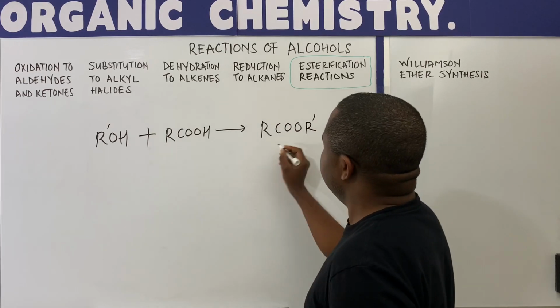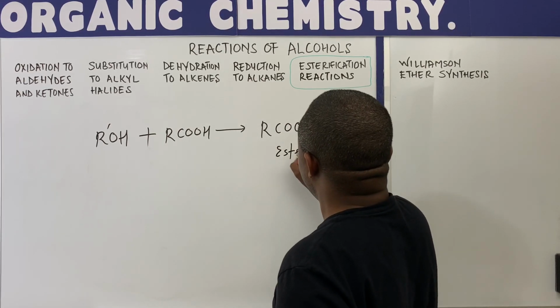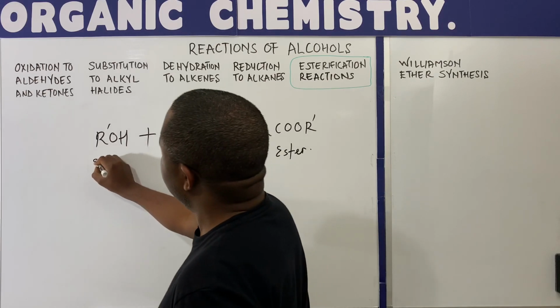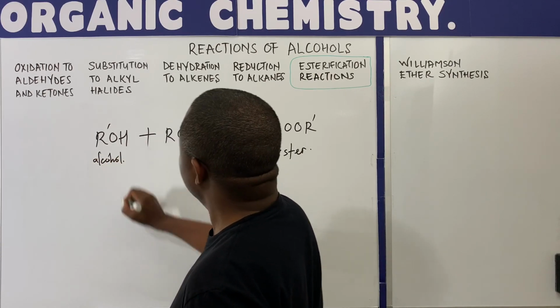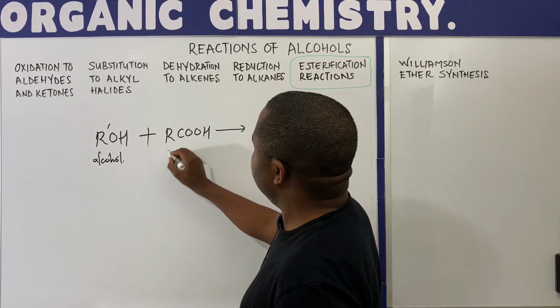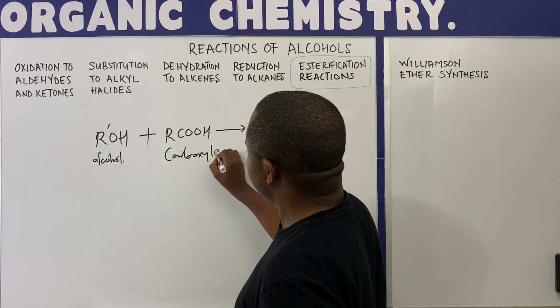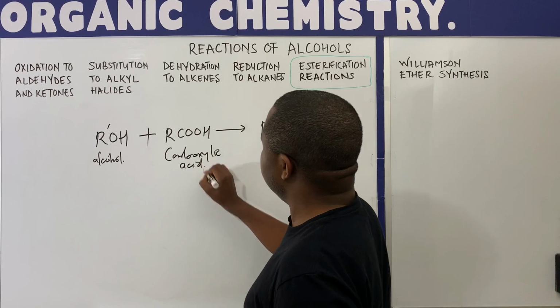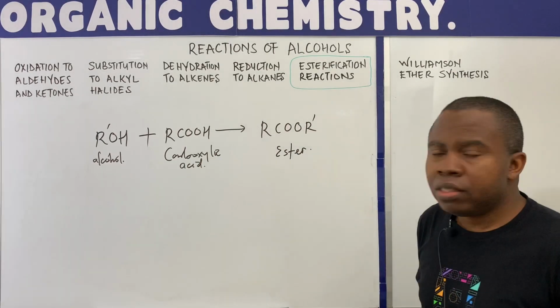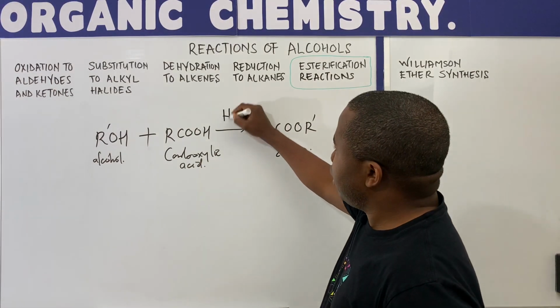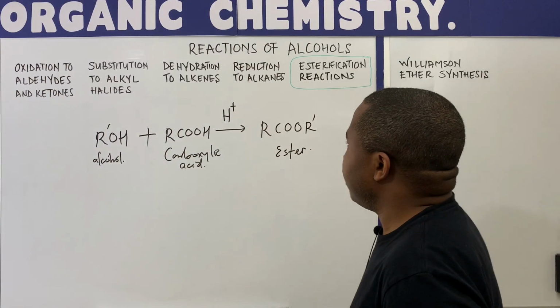So this is an ester, and this is alcohol. This is our carboxylic acid. This reaction is often catalyzed by sulfuric acid.